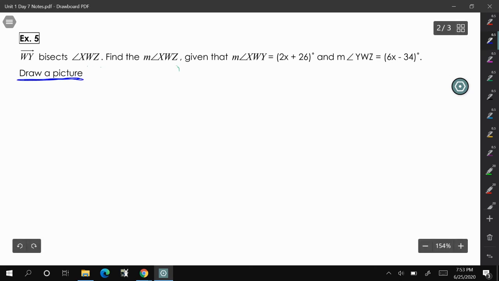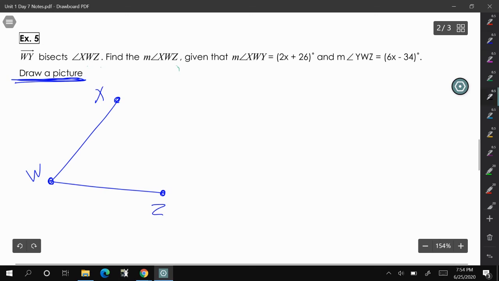So let's follow this hint right here and draw a picture of angle XWZ. And again, I know W goes in the middle because W is in the middle right here. Then we have ray WY that bisects the angle. So these two angles are congruent.